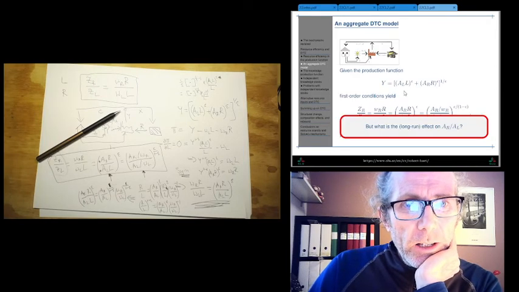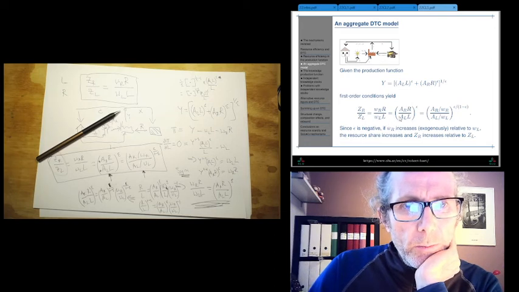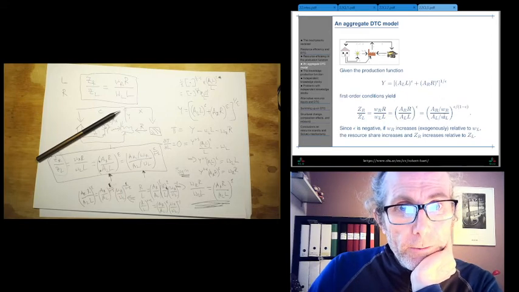So we said, look, relative investments are a function of the current state of the system, which might depend on exogenous inputs or exogenous relative prices.